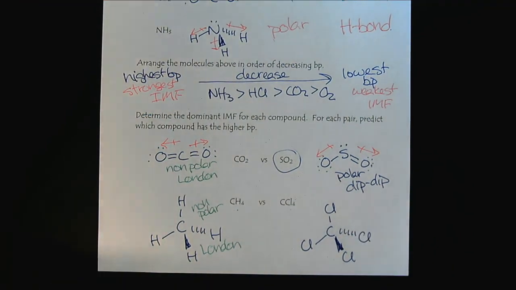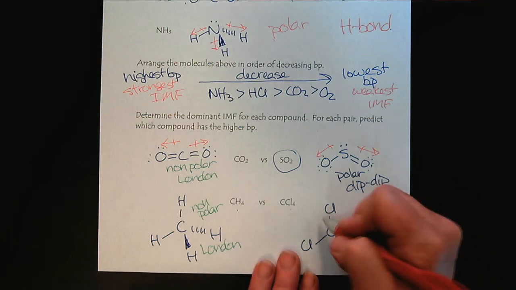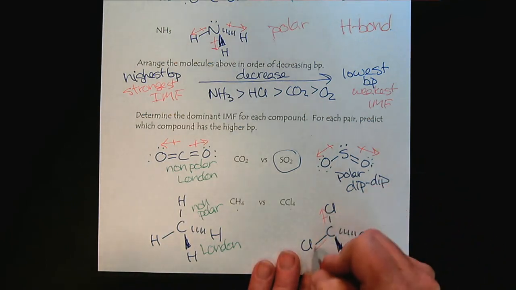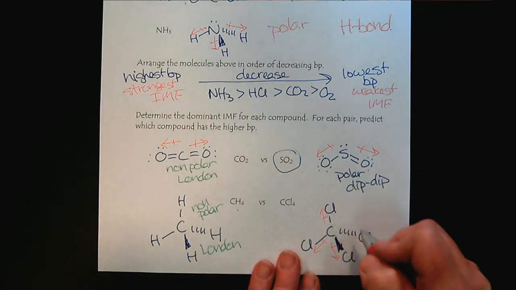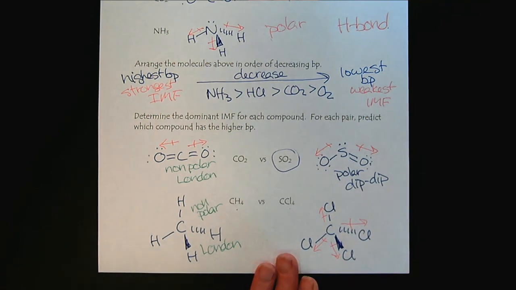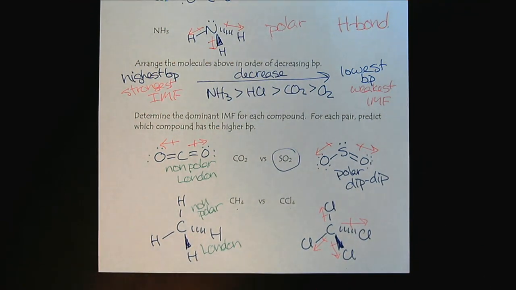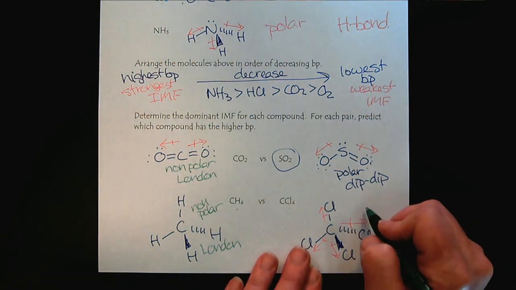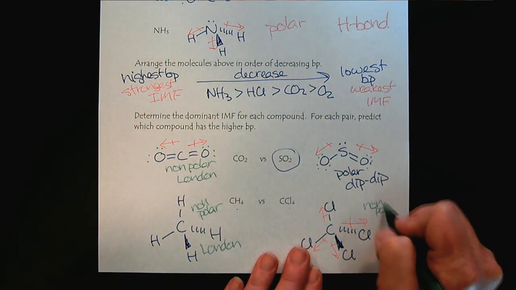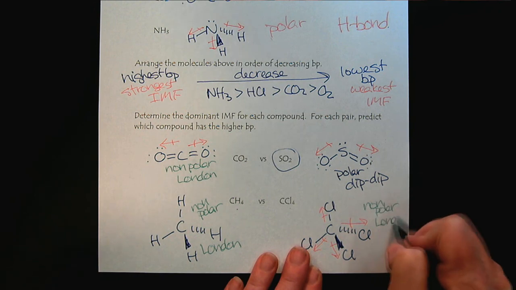Here, this is similar to the carbon dioxide. We have 4 polar bonds. Each dipole moment is the same magnitude, and they're radiating out into the corners of the tetrahedron. So once again, we have a nonpolar molecule. So London.